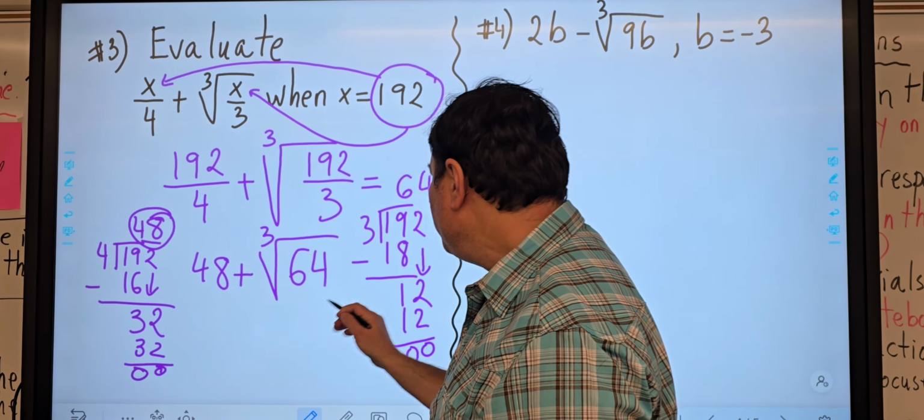And now we can cross cancel the 3's. And now we just get 48 plus 4, because cube root of 64 is just 4. Okay? And then 48 plus 4, we get 52 as the answer. 52 is the answer for number 1.